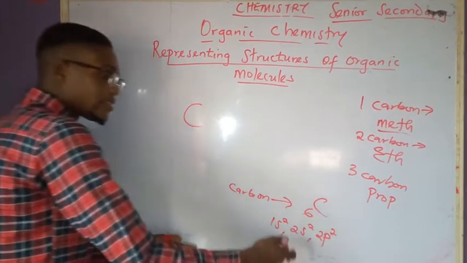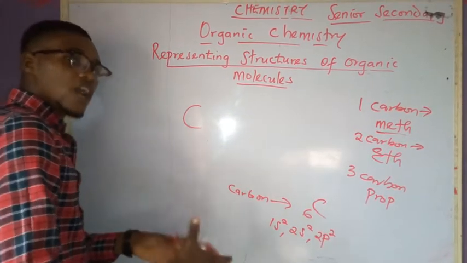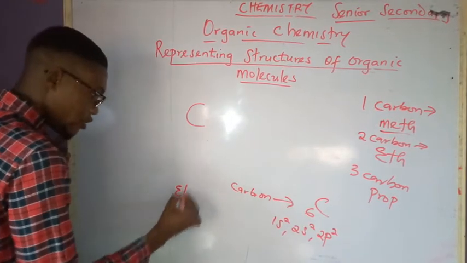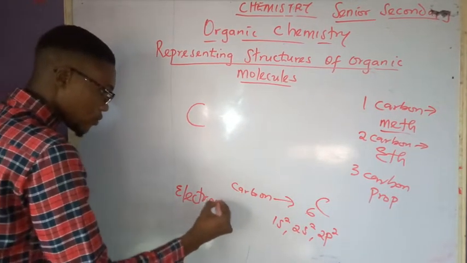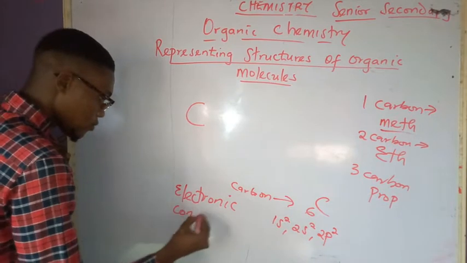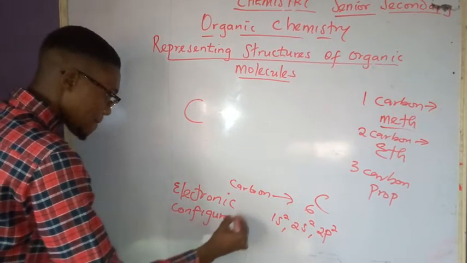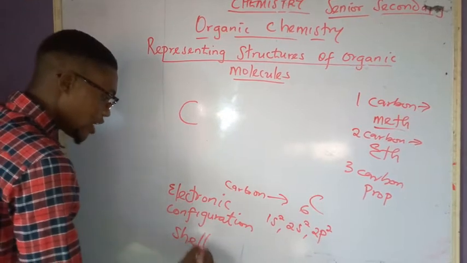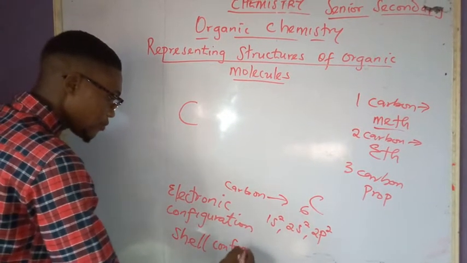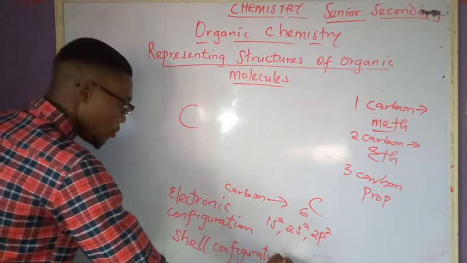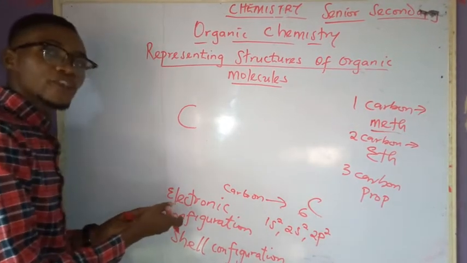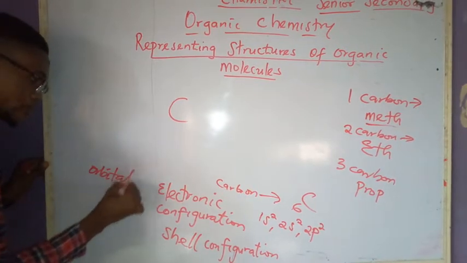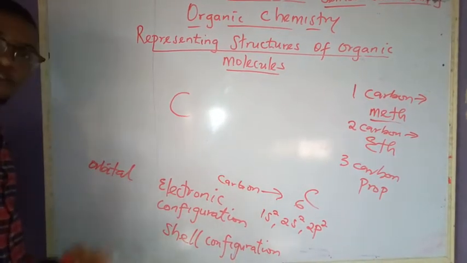If we have to look at the shell configuration of these 6 electrons, this is the electronic configuration. Mind you, if you don't want to call it electronic configuration, you can call it orbital configuration, or shell configuration.